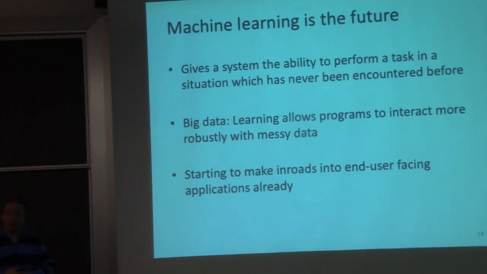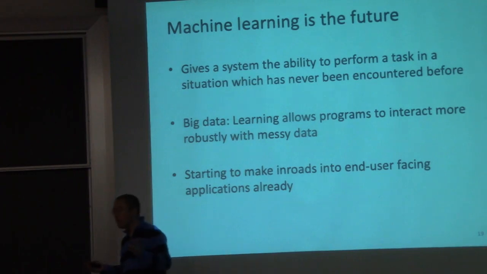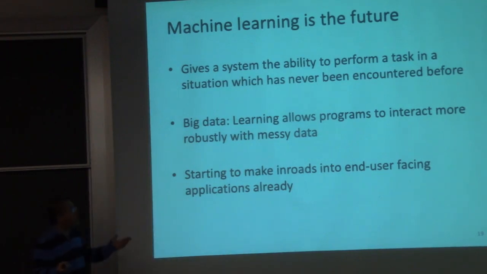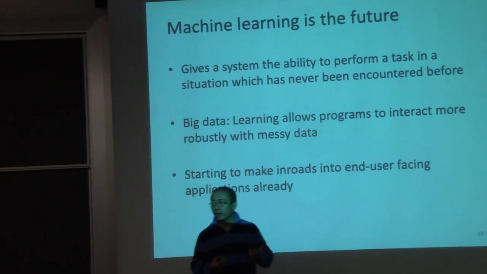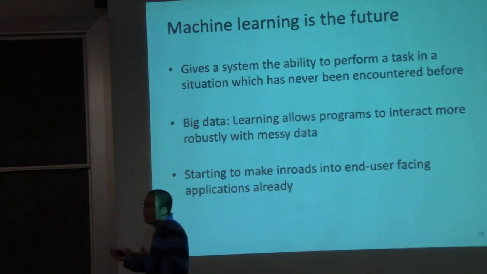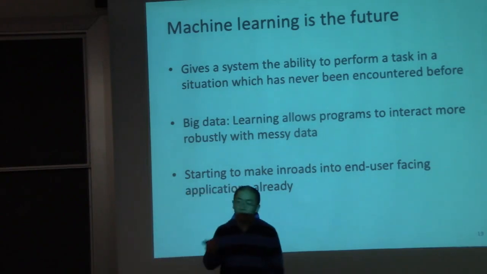In the foreseeable future, the investment in machine learning won't stop because it can benefit our society and our lives. It can give systems the ability to perform tasks in situations never encountered before, and free up labor. Especially nowadays, it is the time of big data.